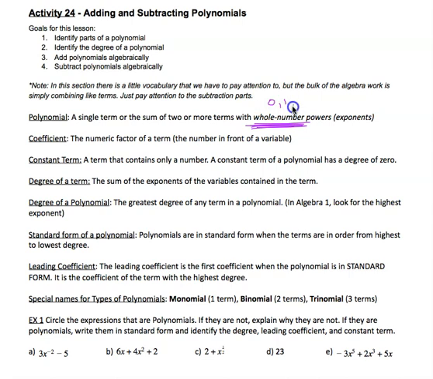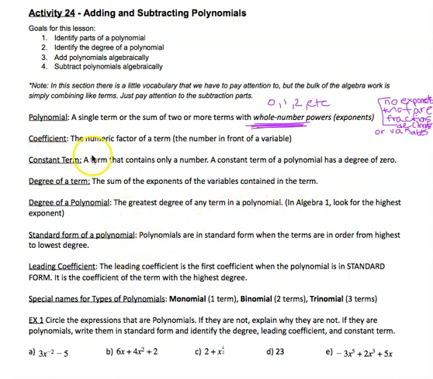So 0, 1, 2, etc. So that means in order to have a whole number power, you cannot have exponents that are fractions, decimals, or variables. So whole numbers in our exponents in order to be a polynomial.